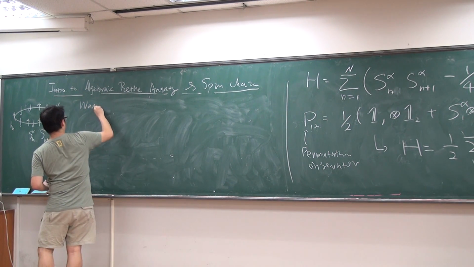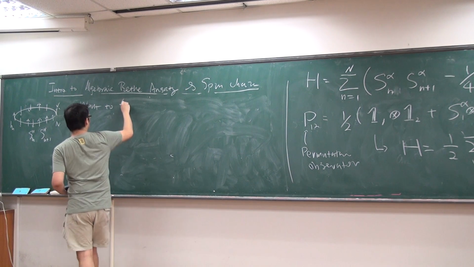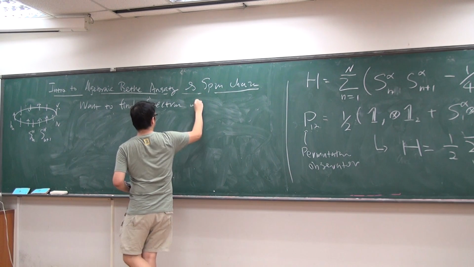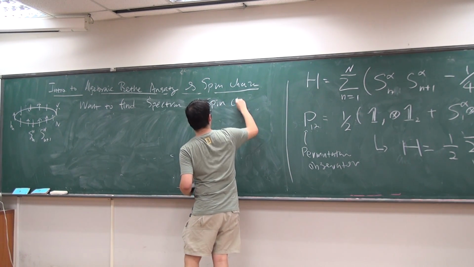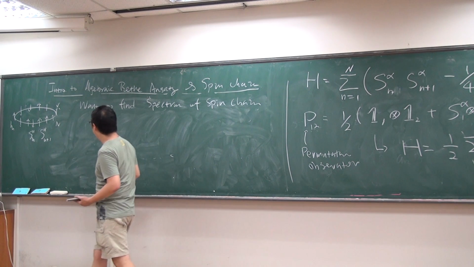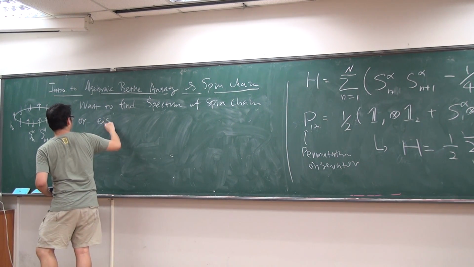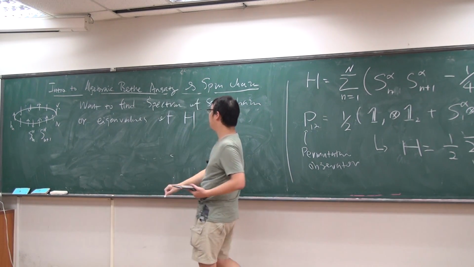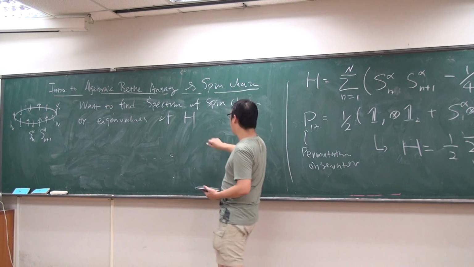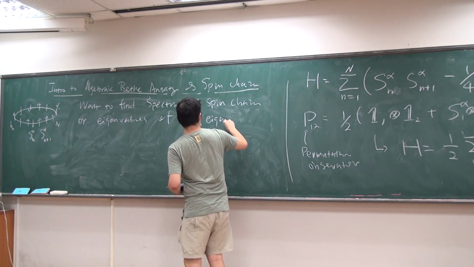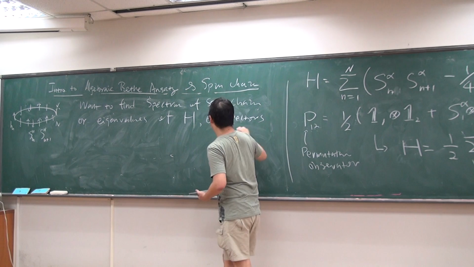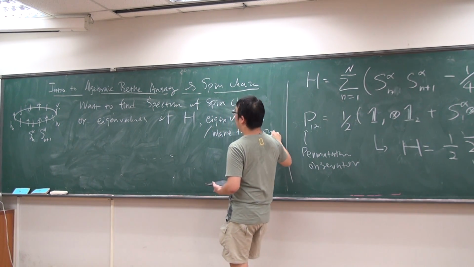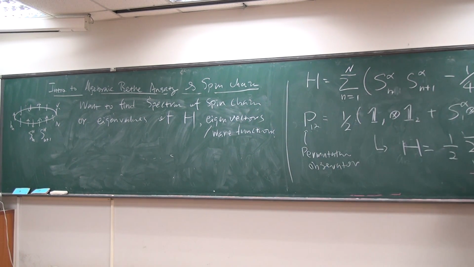Or in other words, we want to find the spectrum of the spin chain, or the eigenvalues of the Hamiltonian, or in fact also the eigenvectors or the wave functions.